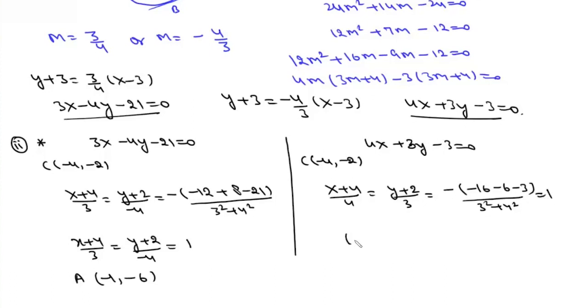Now in this case, value of x is 0 and value of y is 1. So this other point is (0, 1). So the coordinates of these points of contact are (-1, -6) and (0, 1).